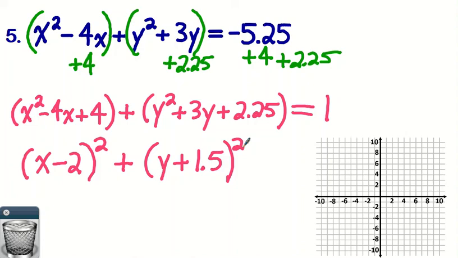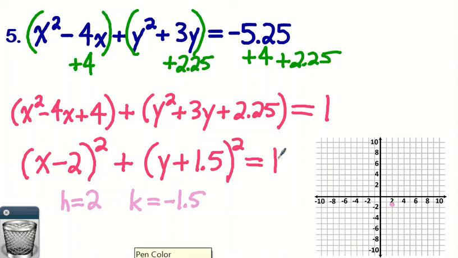I know, again, this is really just for the sake of graphing it, because it turns out that the center of the circle is, here we go, positive 2, because there's a negative built in. And here, k is negative 1.5. So 2 comma negative 1.5, which is right there.